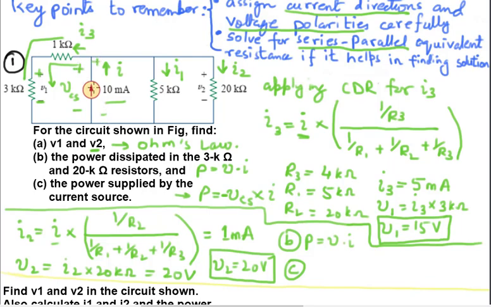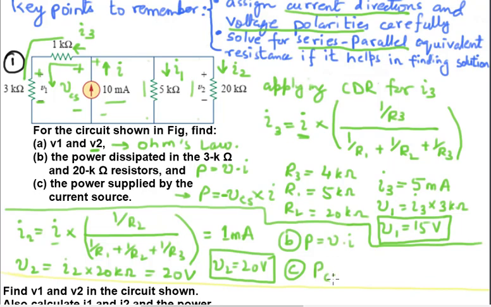Now if you look carefully, this current source, this 5 kilo ohm resistor and this 20 kilo ohm resistor, all three are in parallel. Therefore the voltage across the current source is the same voltage across the 5 kilo ohm resistor, and the same voltage across the 20 kilo ohm resistor, and we have already found it. So the current source has a voltage of V2 across it.